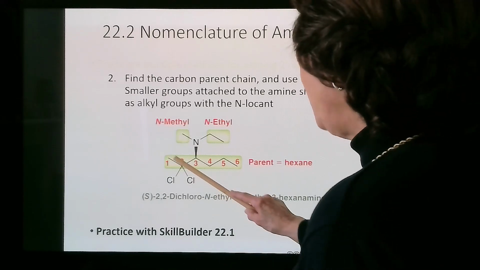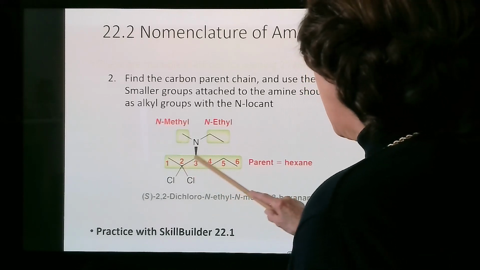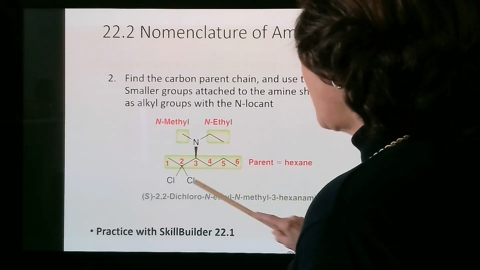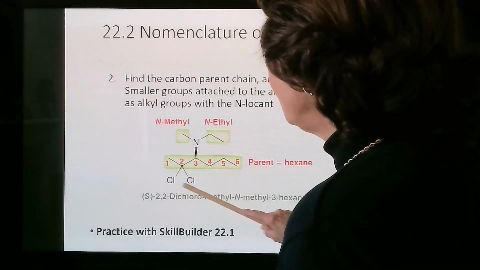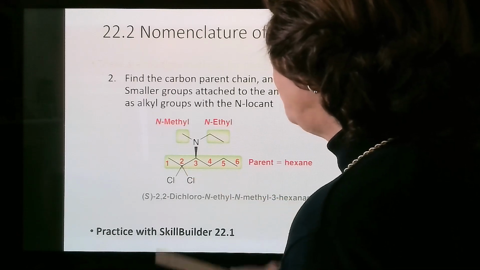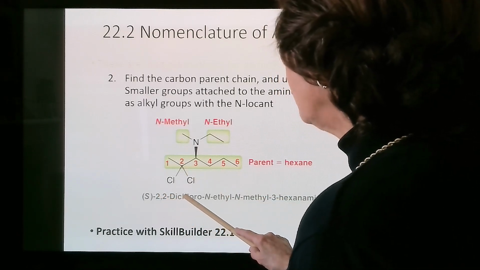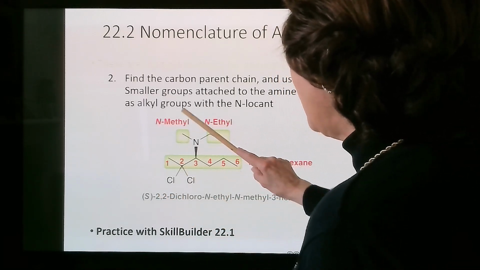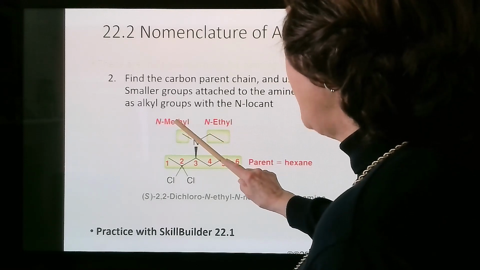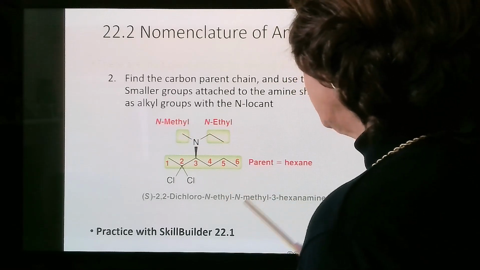So this is going to be a hexanamine. And you have the 2 chloros in the 2 position, 2,2-dichloro. And up here we have an ethyl and a methyl. Those are listed in alphabetical order.